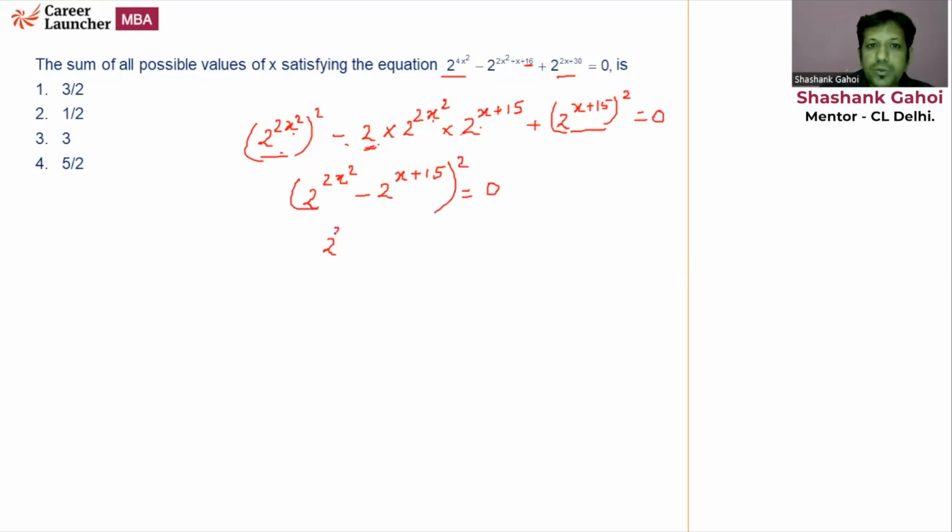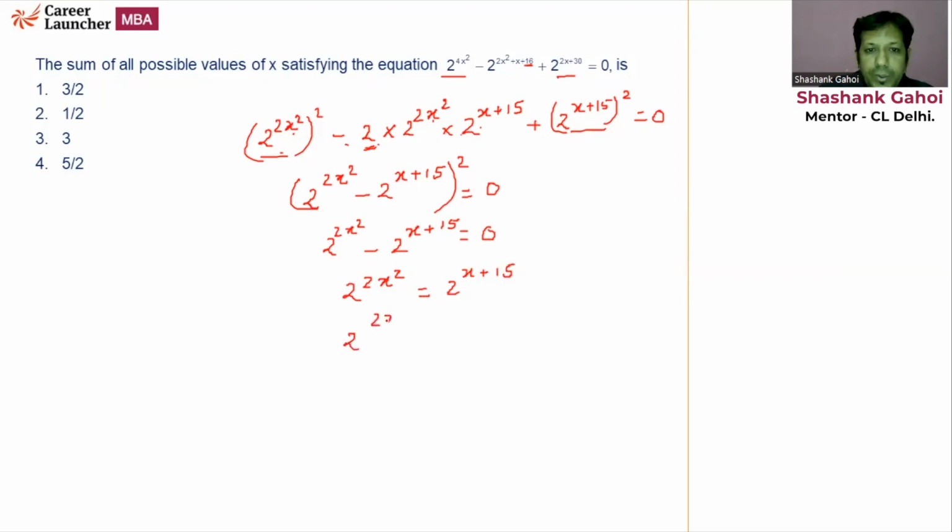So it means 2^(2x²) − 2^(x+15) should be equal to 0. So from here I can say 2^(2x²) is equal to 2^(x+15), and just divide it.